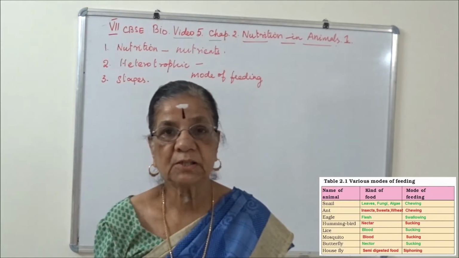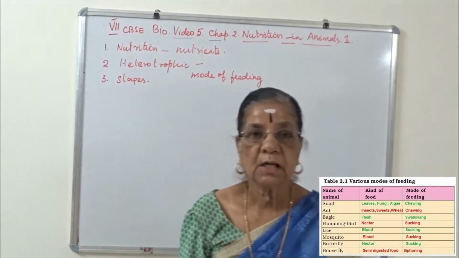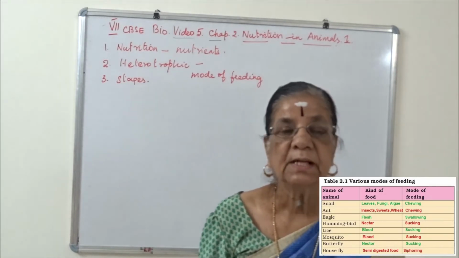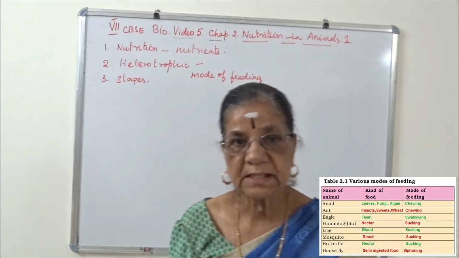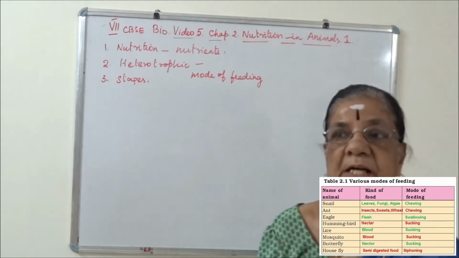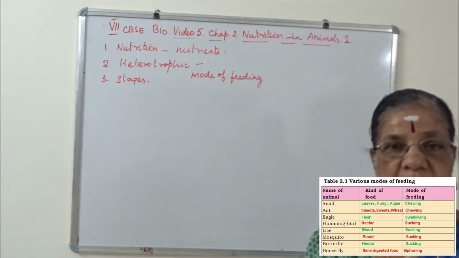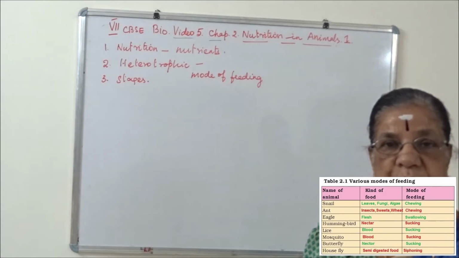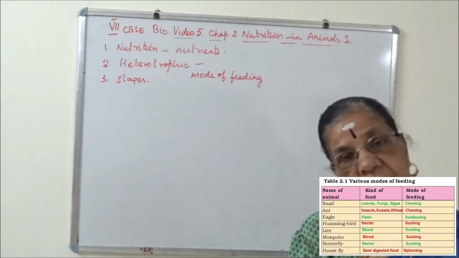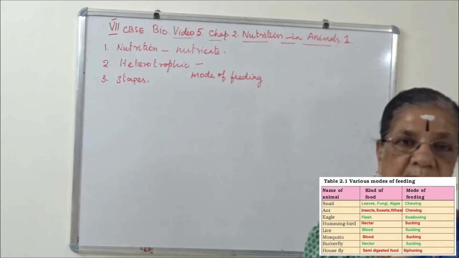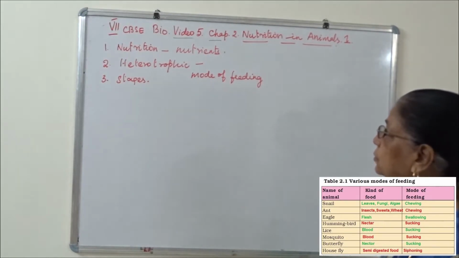These nutrients are carbohydrate, protein, fats, vitamins and minerals, roughage and water. These are the components of food as nutrients. I hope you remember this.